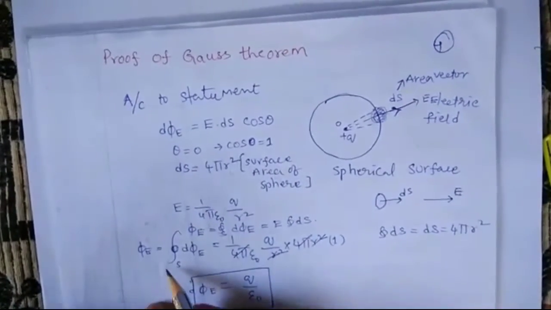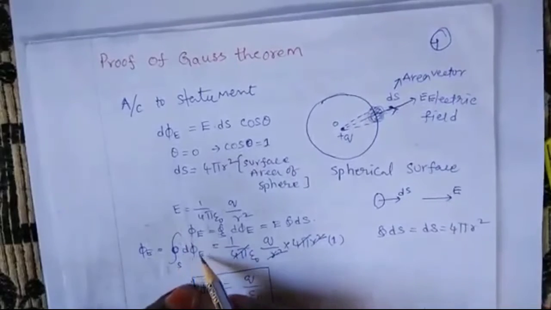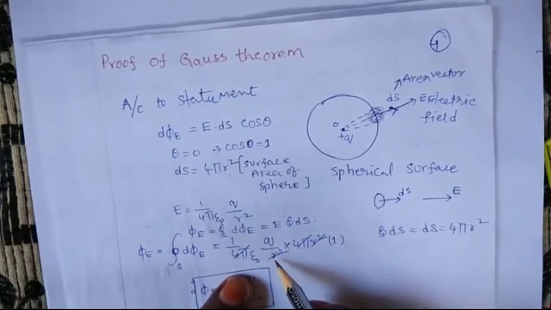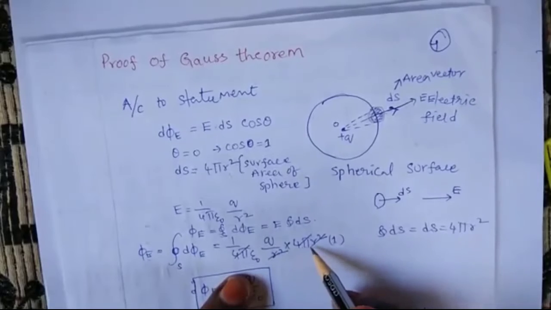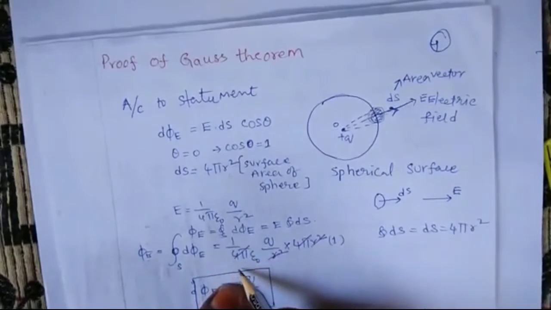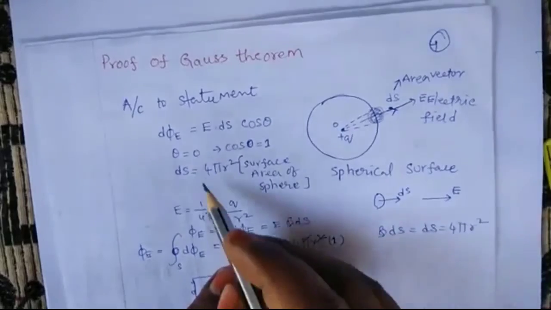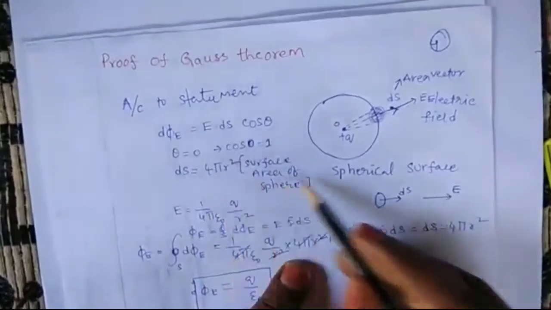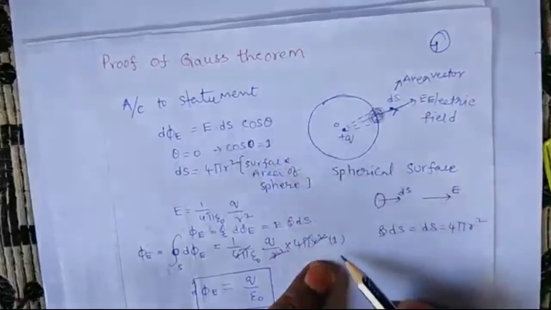We can substitute the E value and ds value in this formula. Phi E is equal to the surface integral of d phi E, equal to 1 by 4 pi epsilon naught Q by r square into 4 pi r square into 1. Here 1 by 4 pi epsilon naught Q by r square is E, then 4 pi r square is ds, and cos 0 is 1.